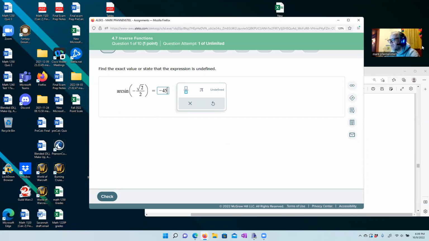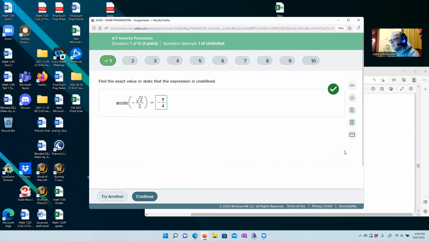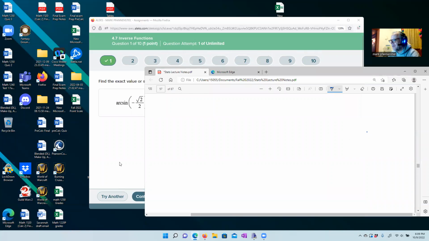Oh, you know why? I can't put a degree in here. I don't have a degree symbol. That's why you have to type in negative pi over 4. Then we get the little check mark. So that's how we're going to deal with inverse sine.